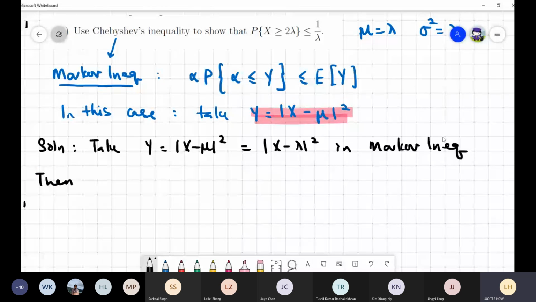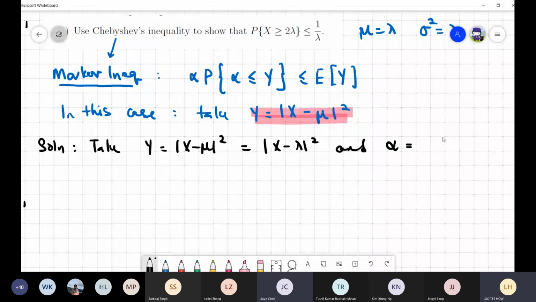And also alpha to be lambda squared in the Markov inequality.